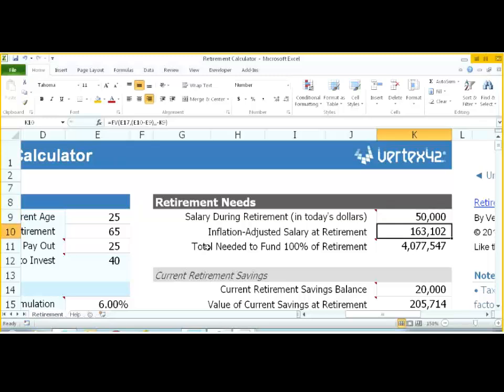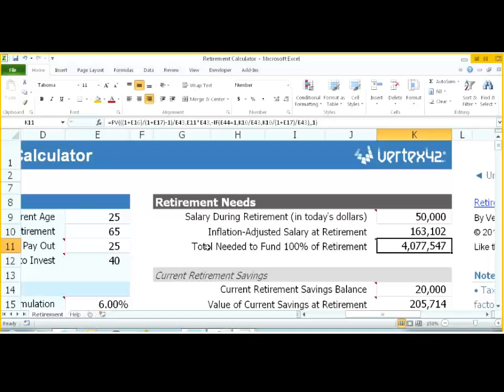The second one is if you adjust your $50,000 today at 3% inflation, which is in this spreadsheet, you'd have to be making $163,000 40 years later. That's a lot of money. Inflation can really play a big role in your calculations.